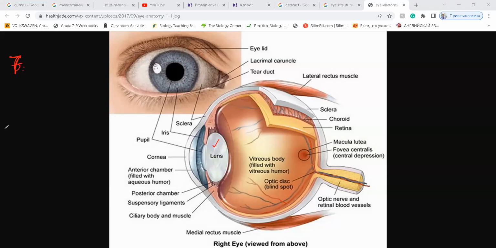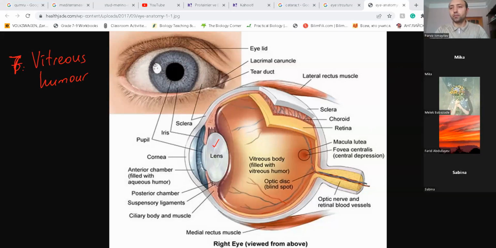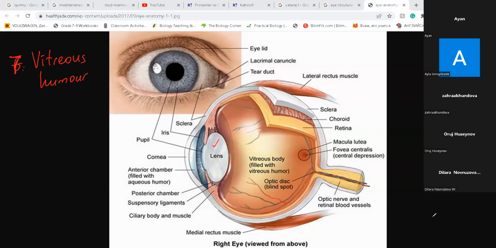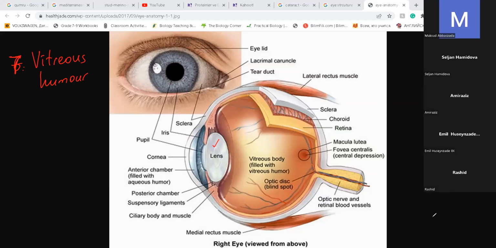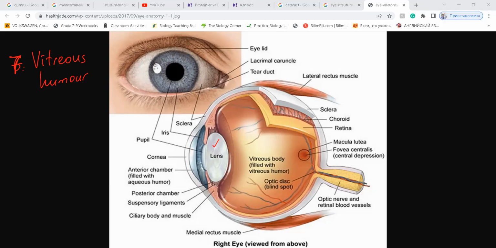In number 7, we have another liquid part known as vitreous humor, guys. Vitreous humor is also a watery substance, don't forget.